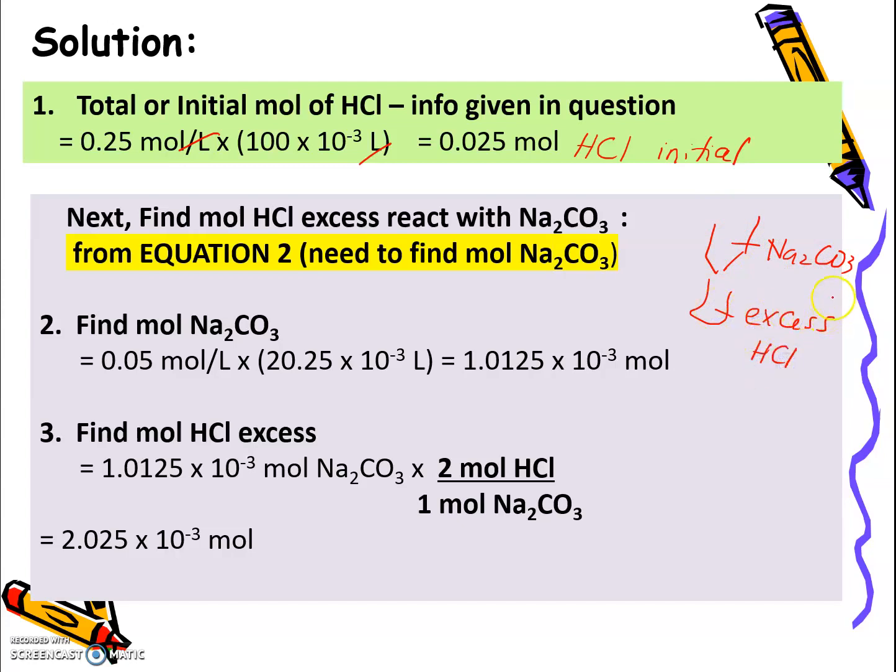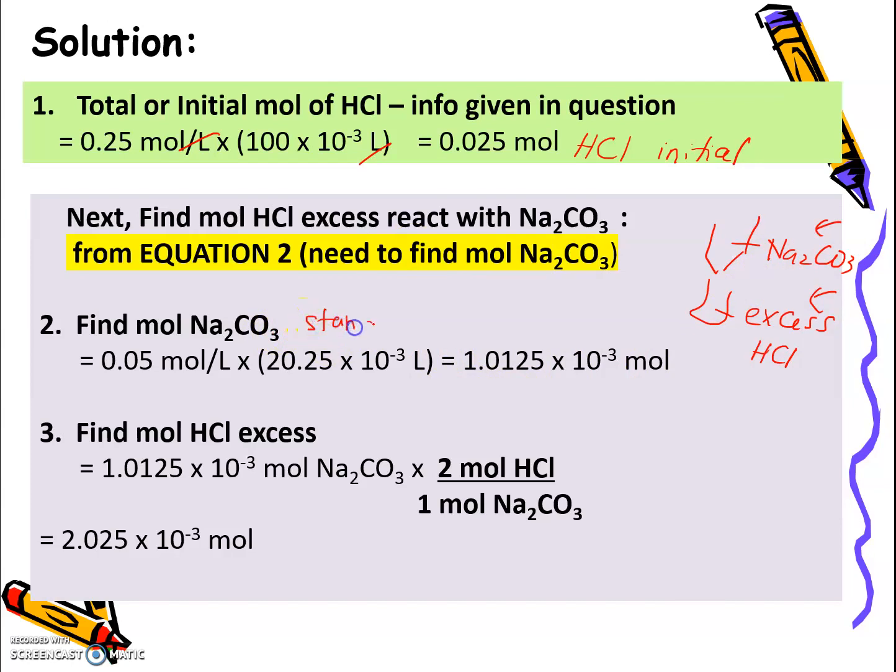So to find the number of mole of excess HCl, we have to find the number of mole of sodium carbonate first, and then compare from the equation. So second step, find the number of mole of sodium carbonate, standard solution.